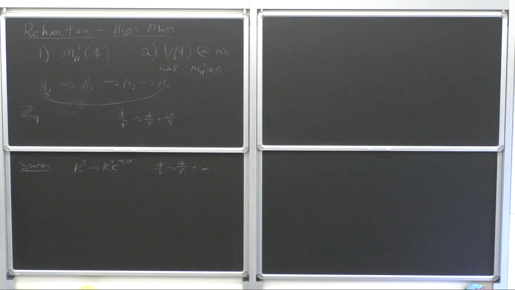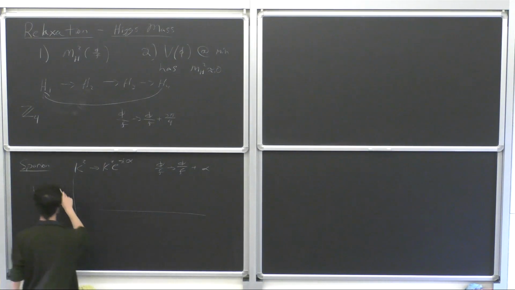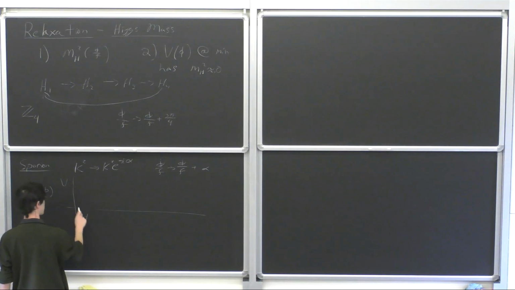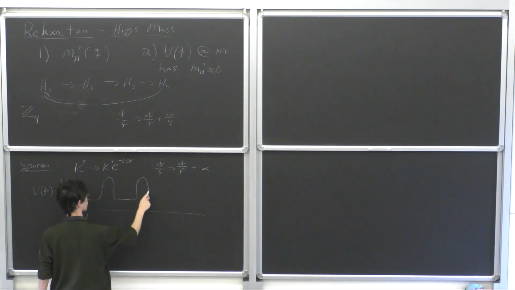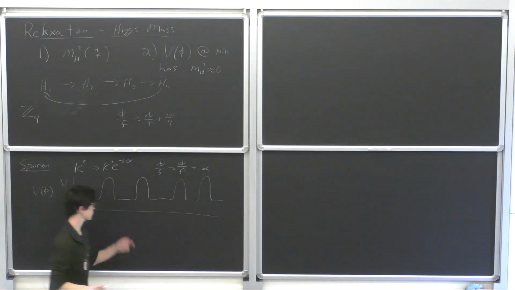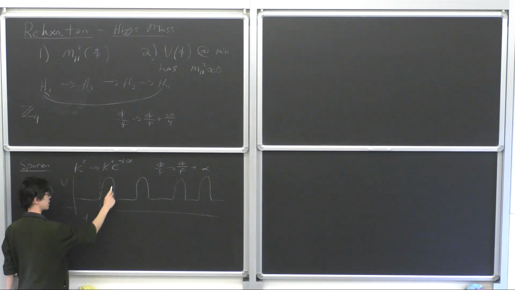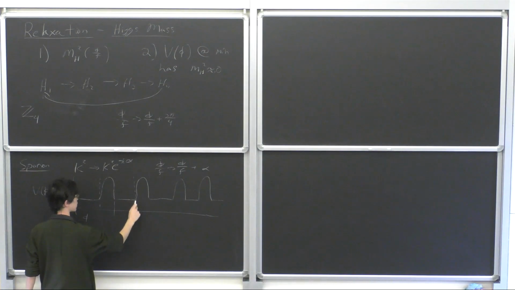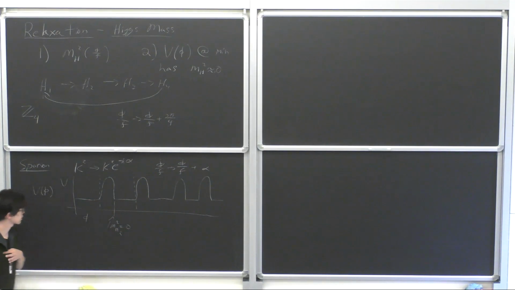After a lot of suffering and a lot of math, what we found was V as a function of phi looked flat-ish, and then it's periodic. It wraps back to the other side. And we found that at any of these points, which were sort of minima, we had a Higgs mass equal to 0, whether it might be the first, second, third, or fourth Higgs mass.